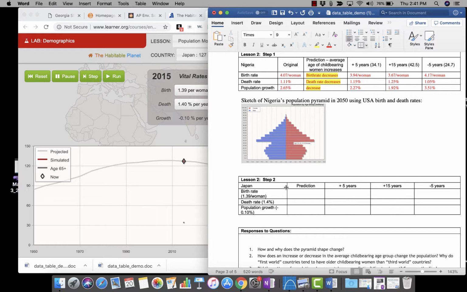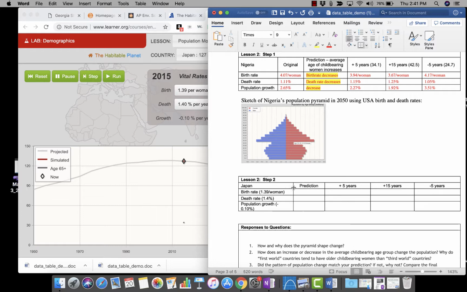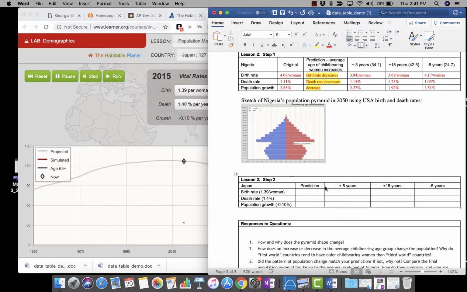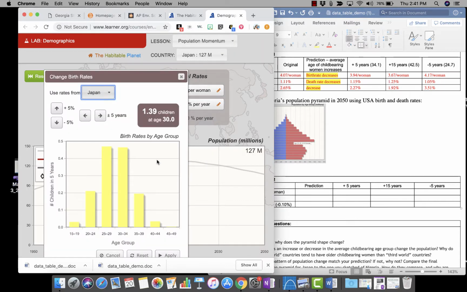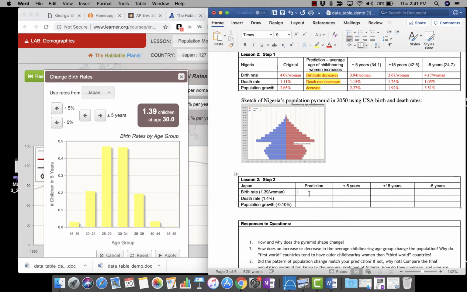Okay, so what do we want to do? We're predicting what's going to happen if we increase the age. I would say that let's look at what Japan is now. So right now the average age is 30. So if we increase it, I would say the birth rate's going to decrease.